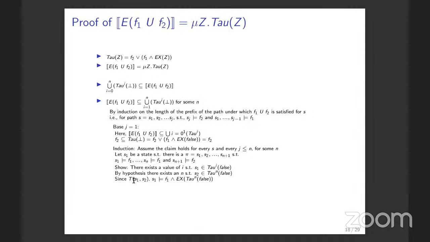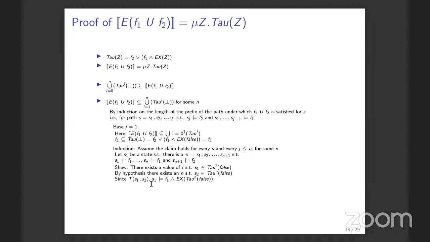And now you will use the transition relation, since S1 and S2 are related. You will have to show that S2 is actually a successor. Okay, that's what you will have to show. Since in this sequence S1 and S2 are related by this transition relation T.